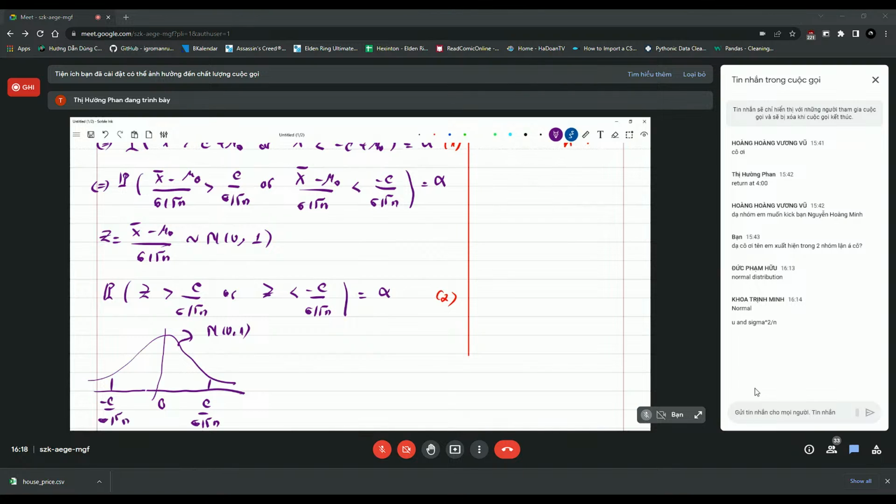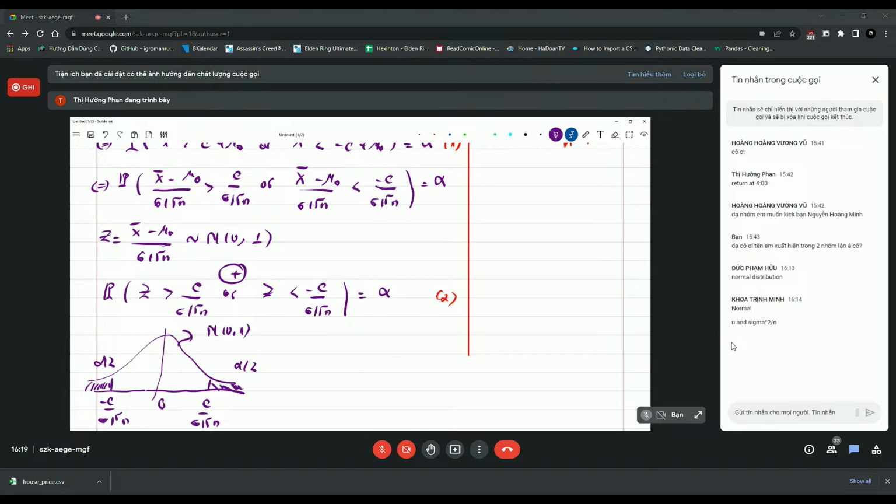Because it is symmetric around 0, we have the upper region's area equal to the lower area. Moreover, the total probability is exactly alpha. It means that the left area equals the right area, and the sum of them must equal alpha. So of course, we must have alpha over 2 and alpha over 2.